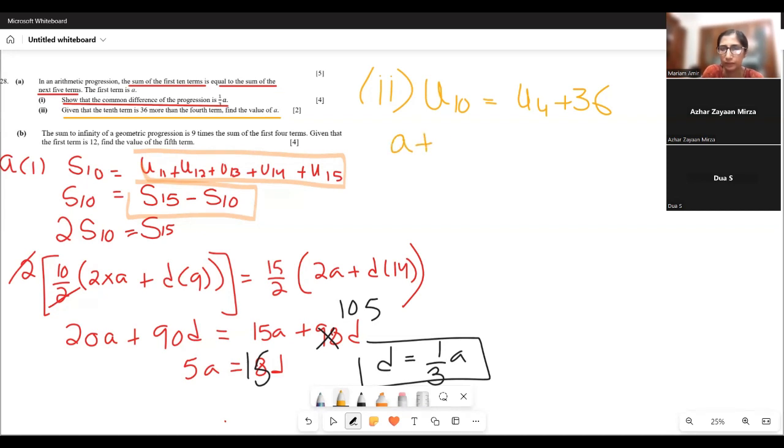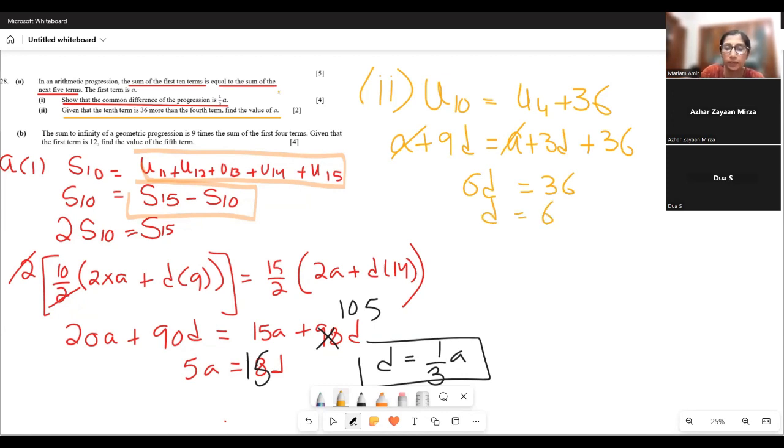A plus 9D. ठीक है. और 4th term का क्या हो जाएगा? A plus 3D. ठीक है, प्लस 36. ओके, अब इधर से D की वैल्यू निकल आएगी. We get 6D equals 36, so we get D equals 6.